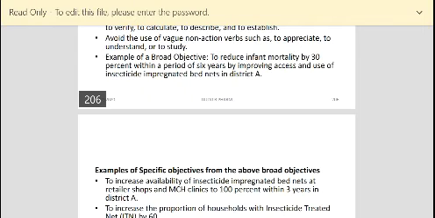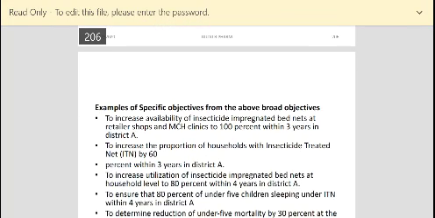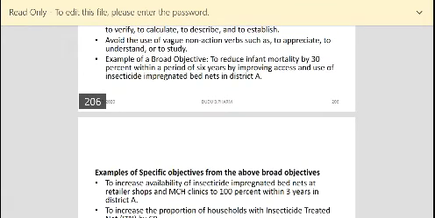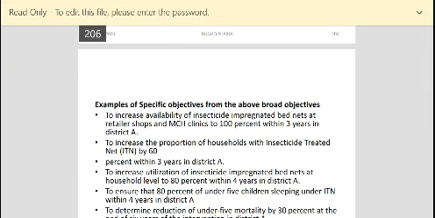Insecticide impregnated bed nets in District A. But when you come to extract a specific objective from this broad objective, for example, you know the point is in the impregnated nets, which are the ones that can reduce this mortality rate by 30% within 6 years. Are we getting it? So we are not going to take these measures for 6 years, but we do them somewhere within the 6 years, because after 6 years it's evaluation.